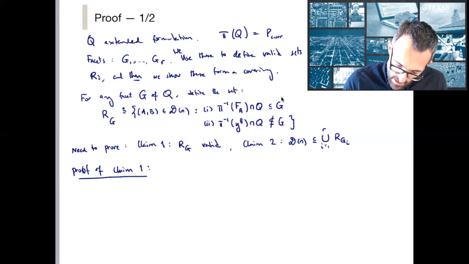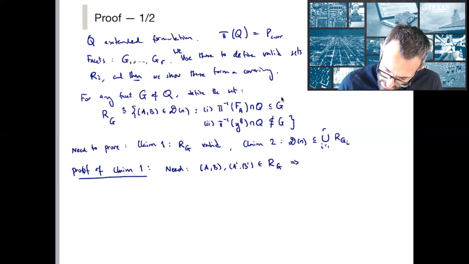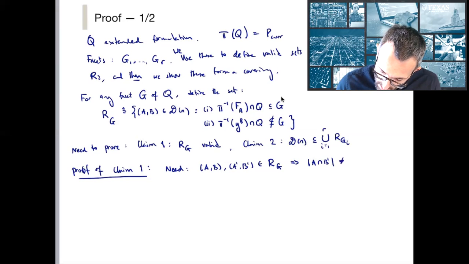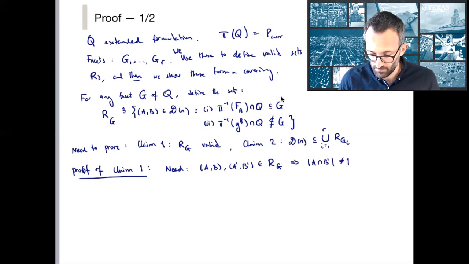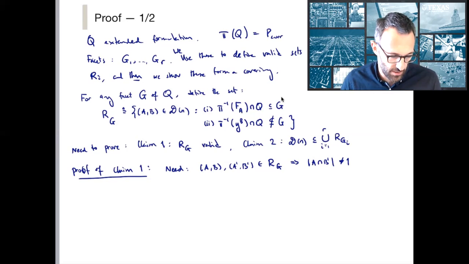We need to show that if (A,B) and (A',B') are in R_G, then A intersect B' does not have cardinality 1, and similarly, A' intersect B doesn't have cardinality 1.